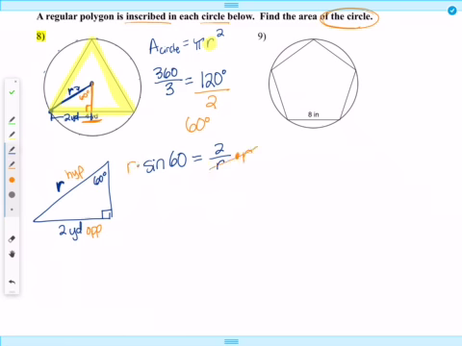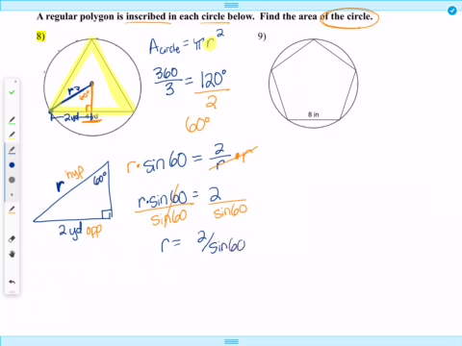So those cancel. Now we have r sine of 60 equals 2. And I just need to divide by the sine of 60. So r equals 2 divided by sine of 60.